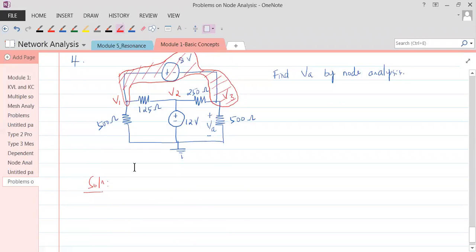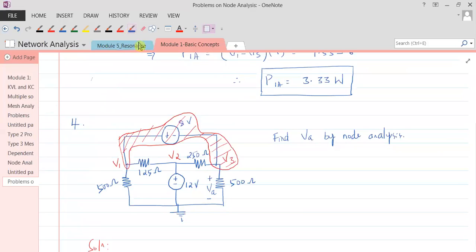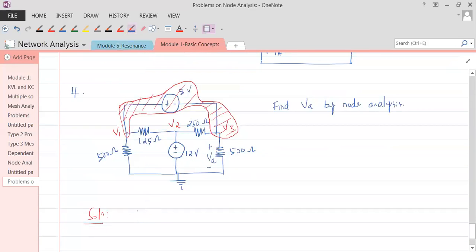Form the supernode. Everybody make that statement: combine nodes 1 and 3 to form a supernode.